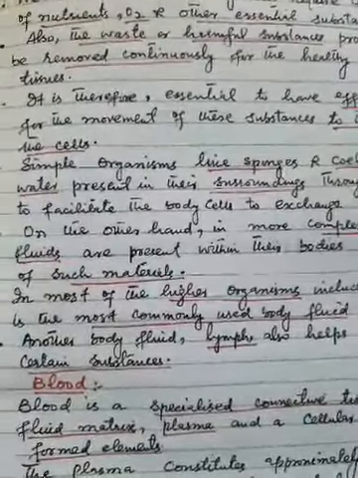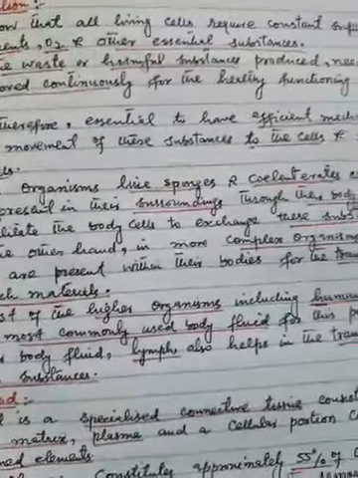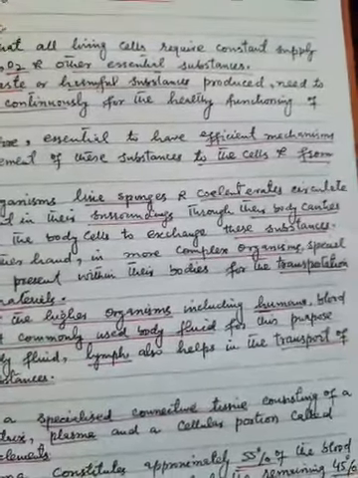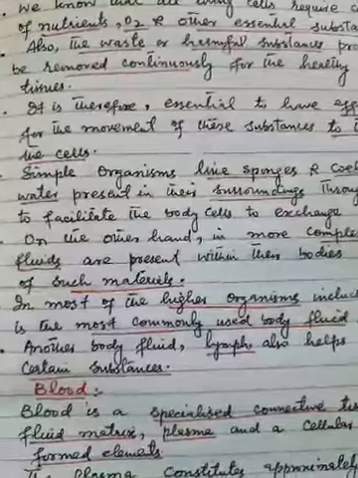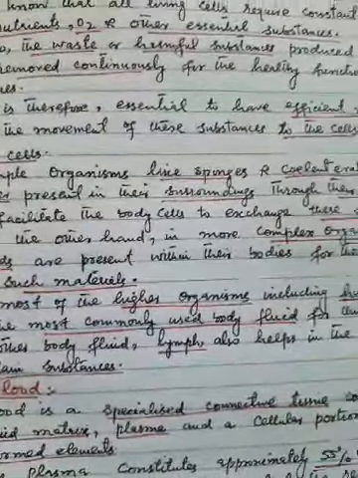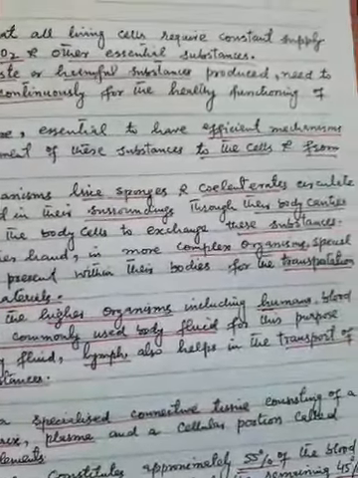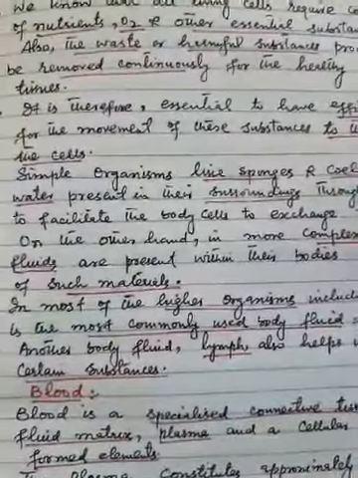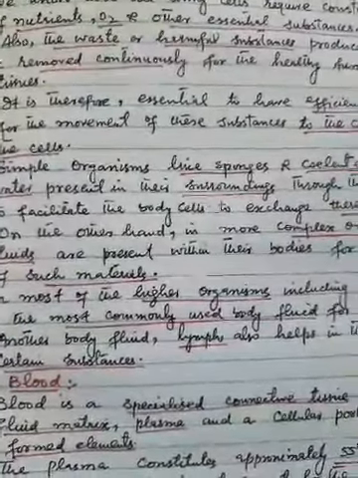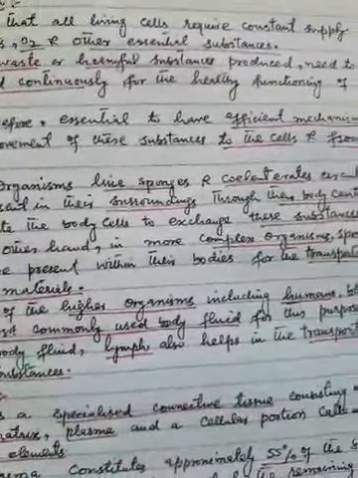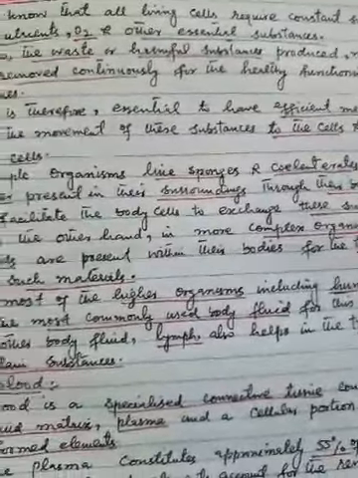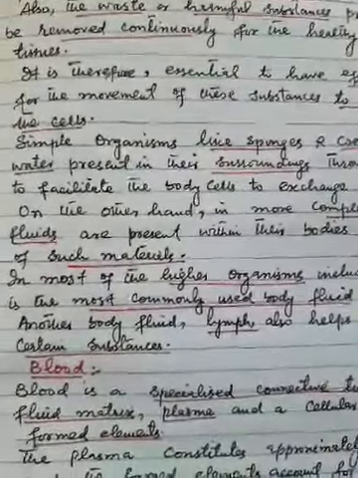In most of the higher organisms, including humans, blood is the most commonly used body fluid for this purpose. Another body fluid, lymph, also helps in the transport of certain substances.